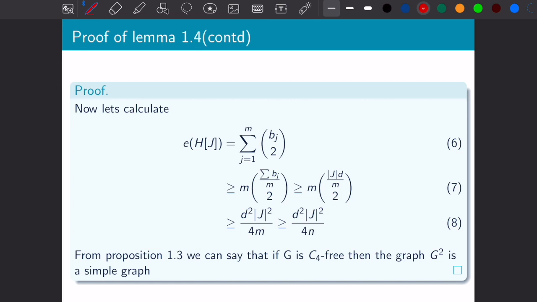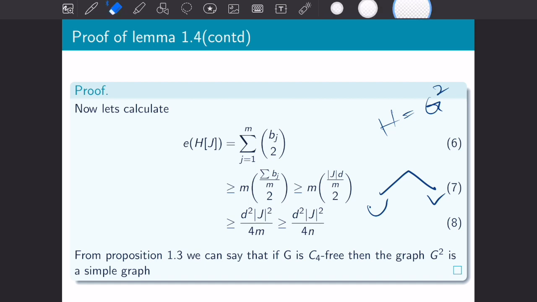As I've already said, H is G squared, that is only formed by edges which are of length 2. Suppose there are two vertices u and v. u and v will have an edge in H only if there is a path between u and v with length 2.